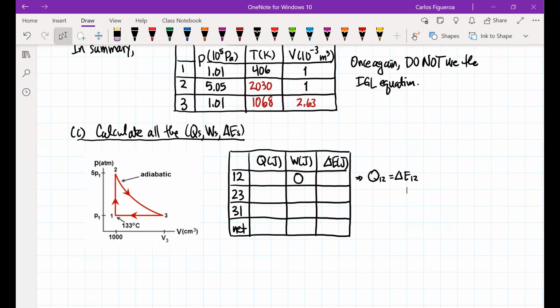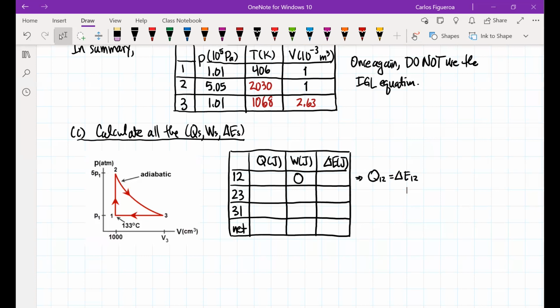Now that I have my internal energy, I can go compute the heat. I'm going to calculate the heating 3/1 from the first law. The first law says that the heat between 3/1 is going to be the change in internal energy minus the work.